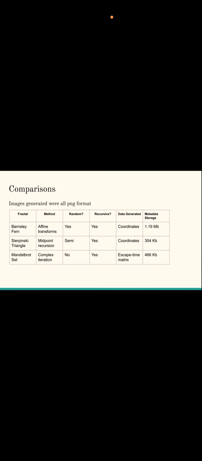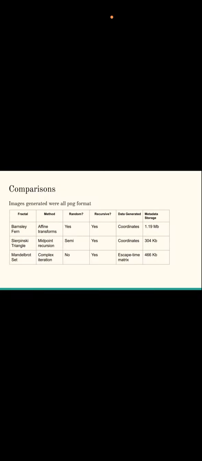So here are some of the comparisons for each of the fractals. The first is the Barnsley fern. The method used was, as stated before, affine transformations: the rotation, the translation, and the production of each of the leaves. Is it random? It is relatively random due to the amount of different operations being done on certain points.